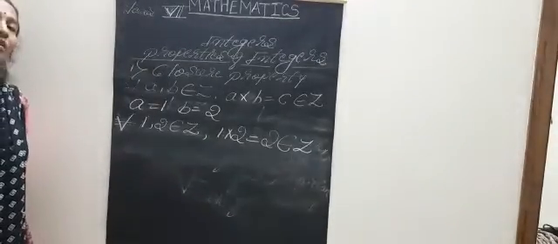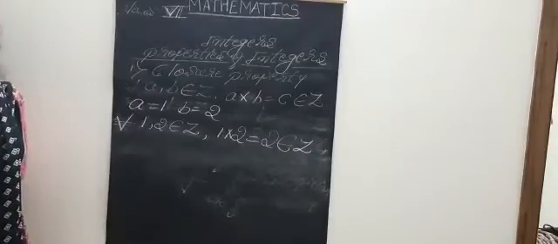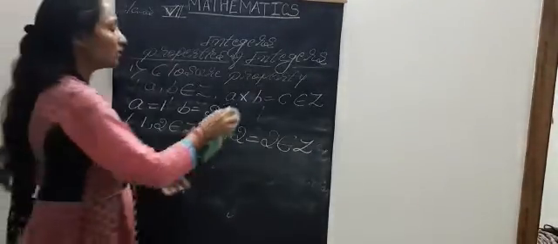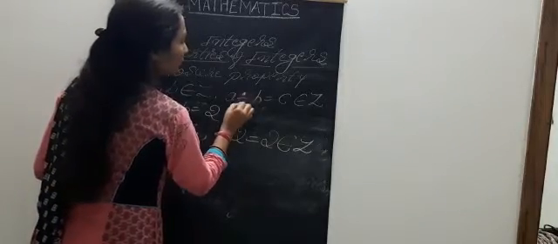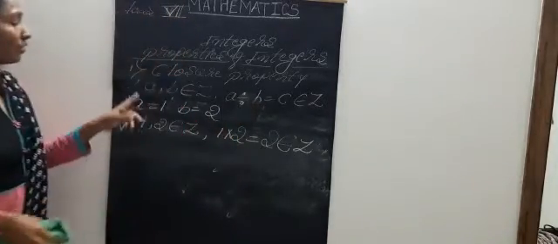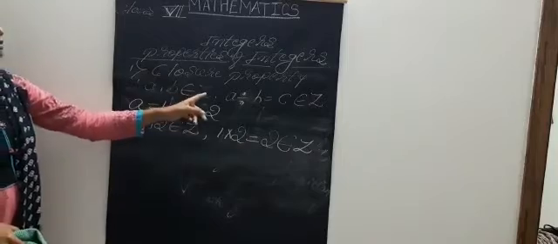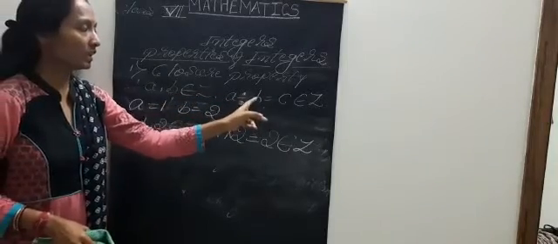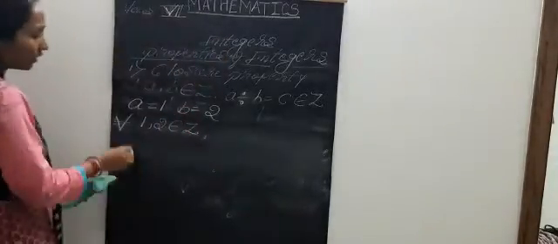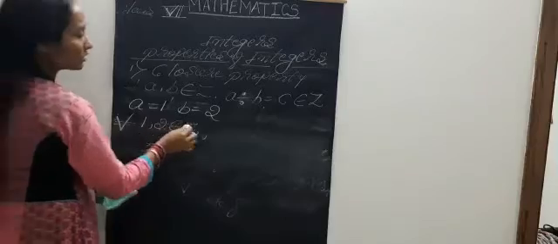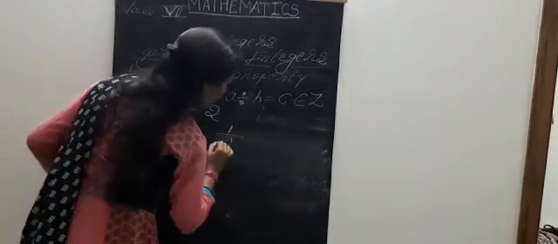Next, which fundamental operation is left? Yes, it is division. So instead of multiplication, again I will change the sign. For any a comma b belongs to Z, a divided by b is equal to c belongs to Z. So here, for any 1 comma 2 belongs to Z, 1 divided by 2.